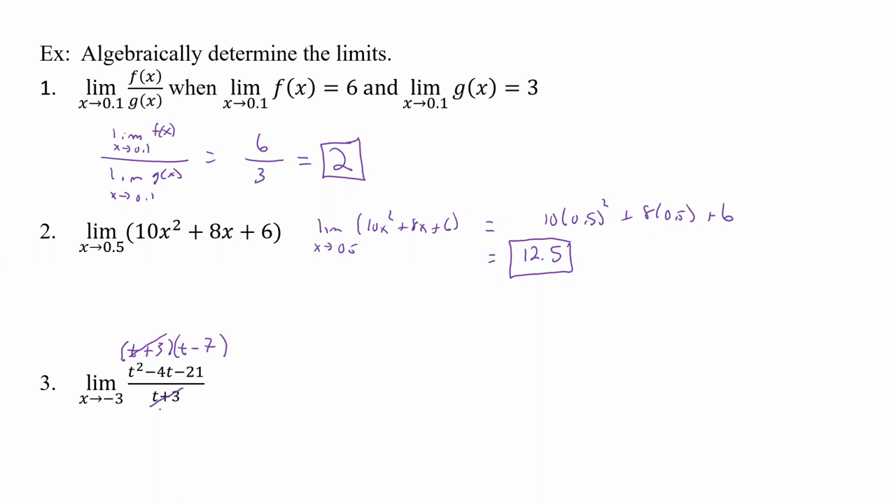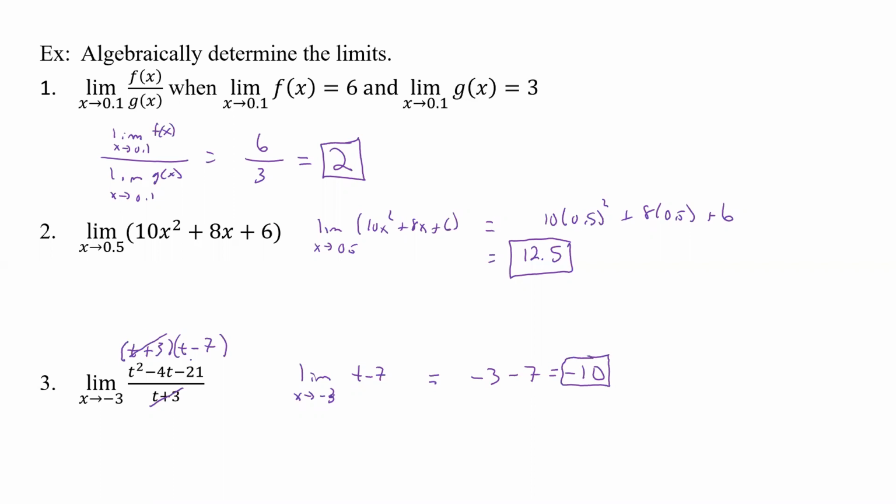So we've first factored, then canceled, and now we have the limit as t approaches -3 of t minus 7. Now we can do the replacement: -3 minus 7 gives us -10. That would be the limit for this one.